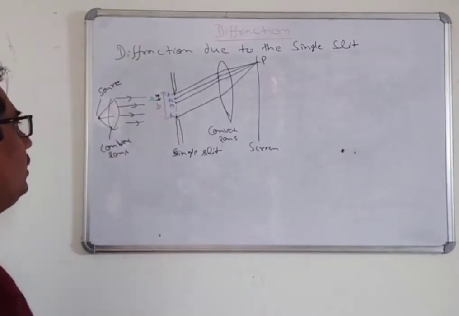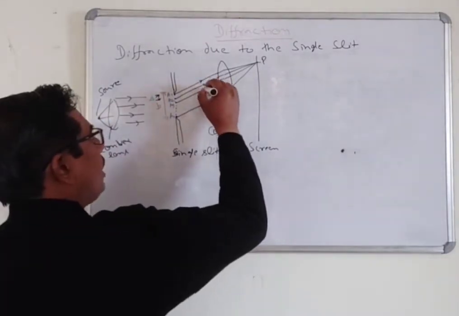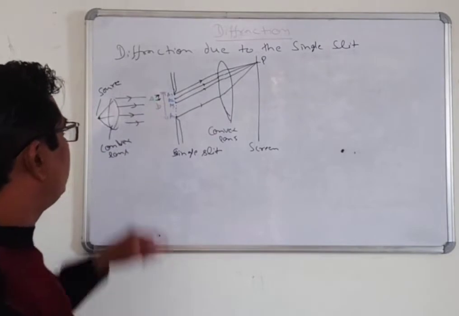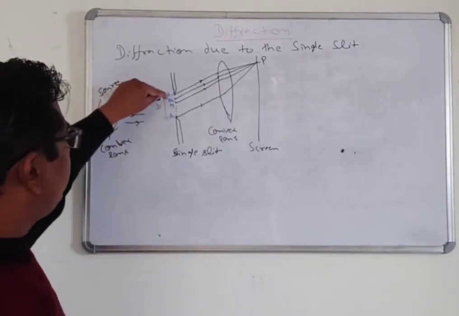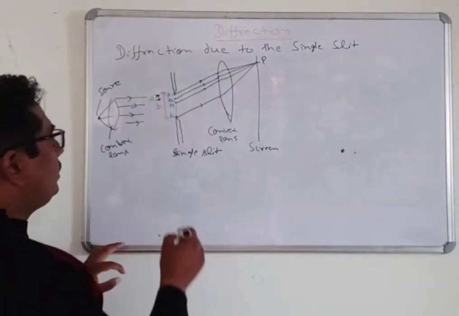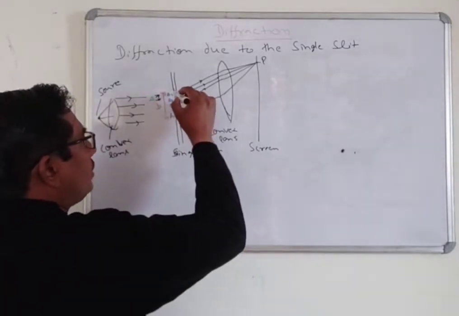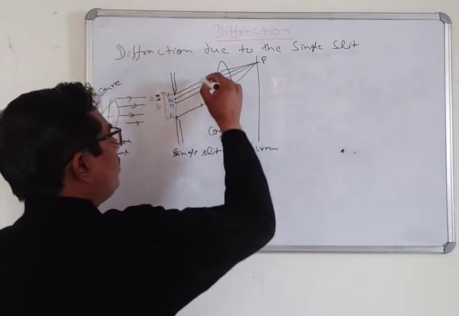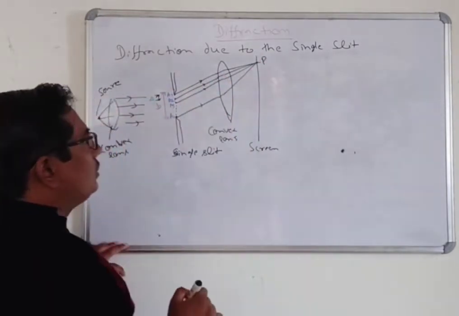Now every source of a secondary wavelet behaves as a source, and they will generate a wave here, and all will be focused at a point P.